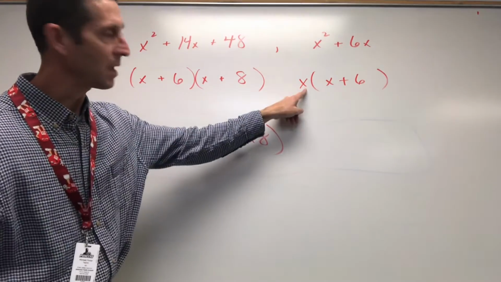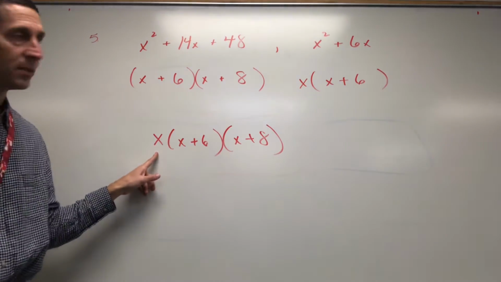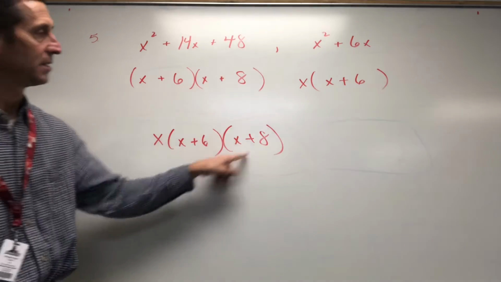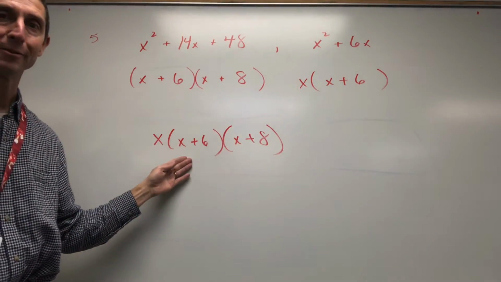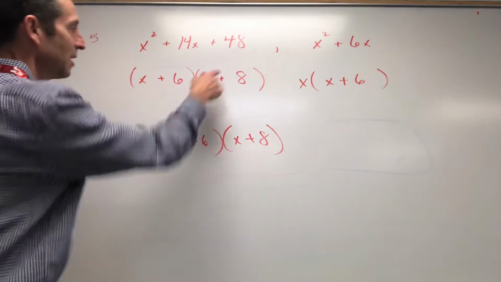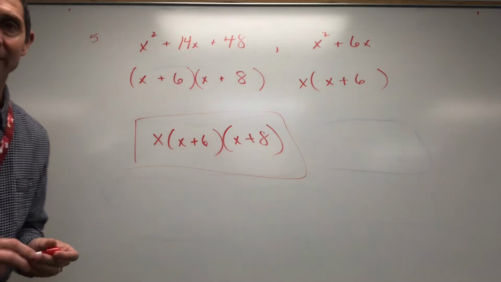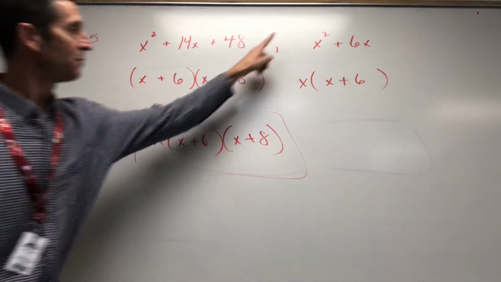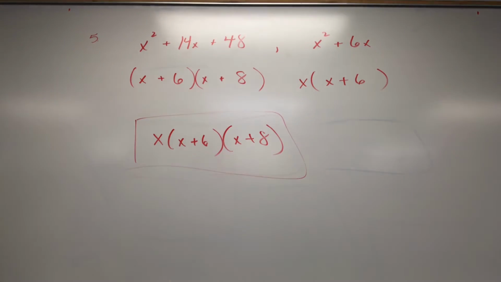Oh, x on the outside, got to include that. So throw him out in front. Plus 6 is in, plus 8 is in, x is in. Oh, x plus 6. Already got it covered. So my x plus 6 is covered, plus 8 in, x on the outside. And you got it. So factor it down, make sure everything's included, common denominator.